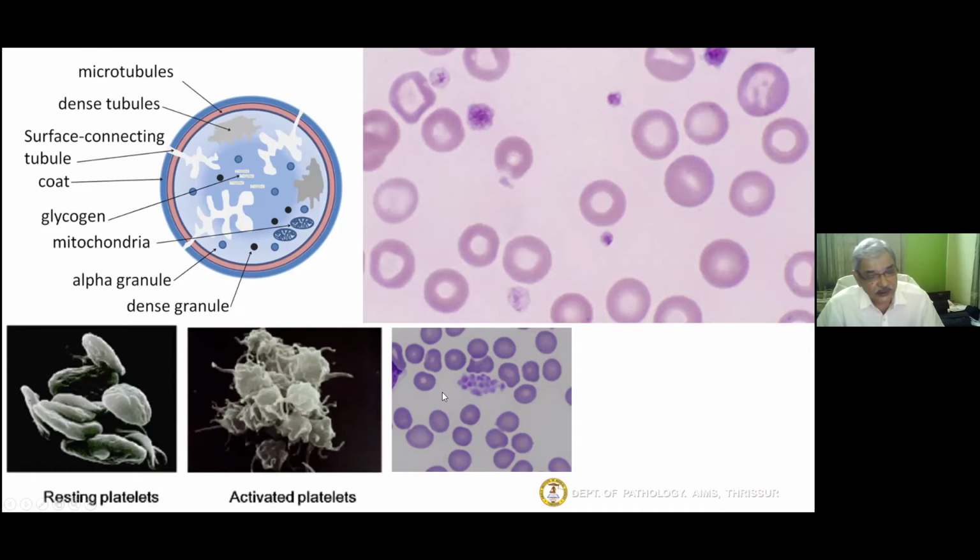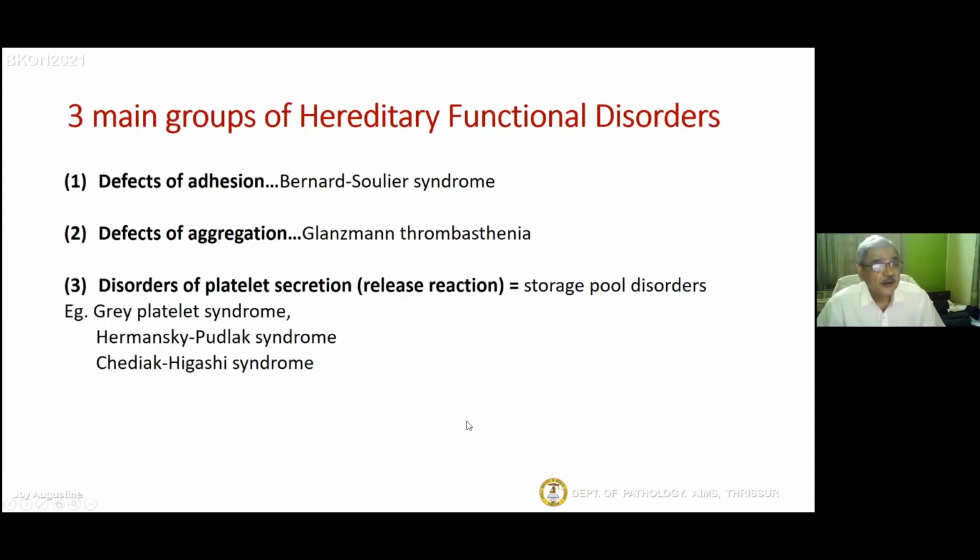Now, if you look at the clump here, this is how the clump would really look under the scanning electron microscope. Now, there are three main groups of hereditary functional disorders. Defects of adhesion, the best example would be Bernard-Soulier syndrome, defects of aggregation, Glanzmann's thrombasthenia, and disorders of platelet secretion or the release reaction, which is known as the storage pool disorder.